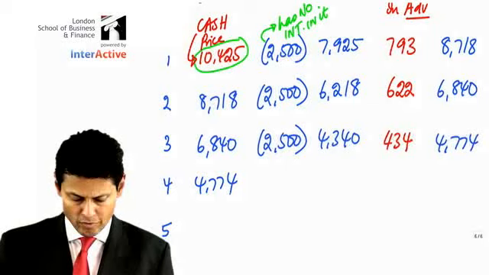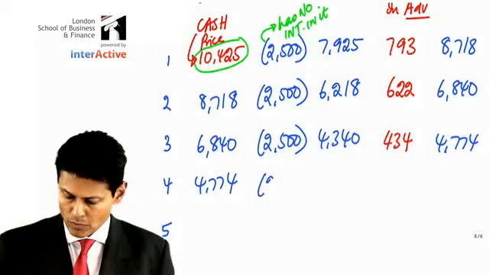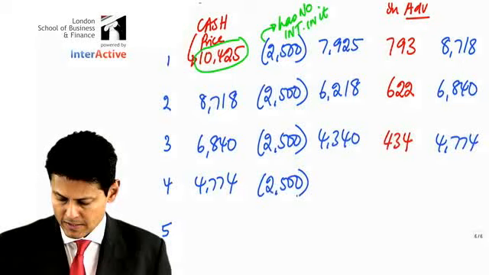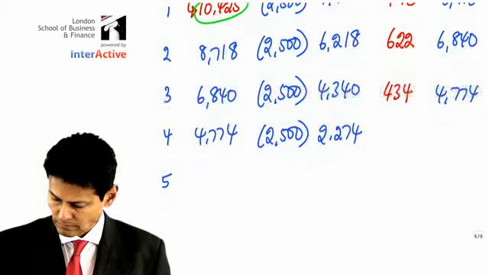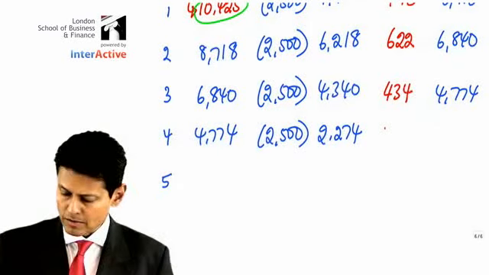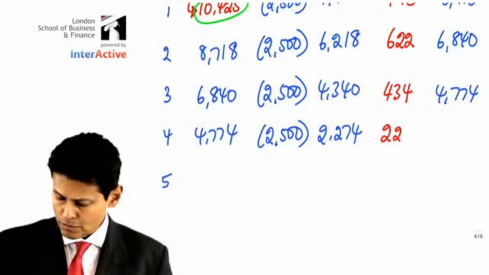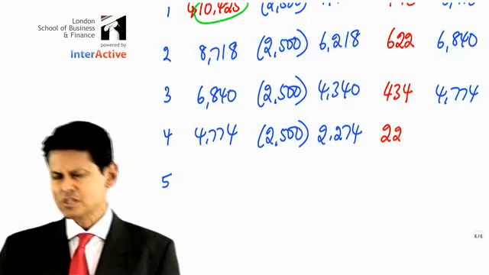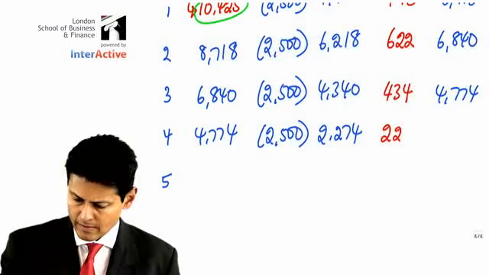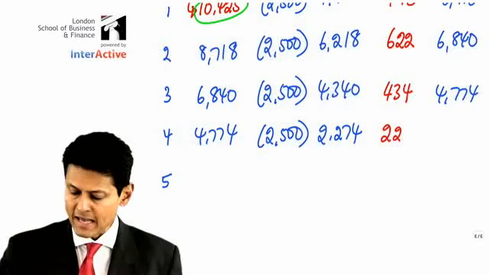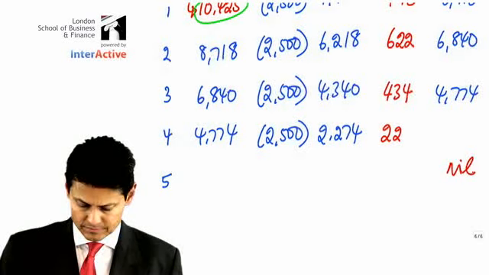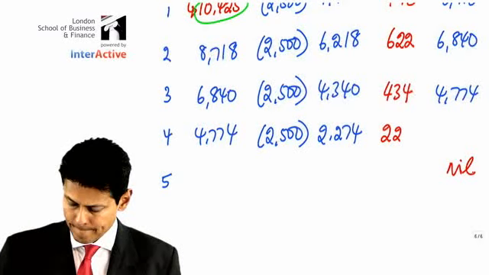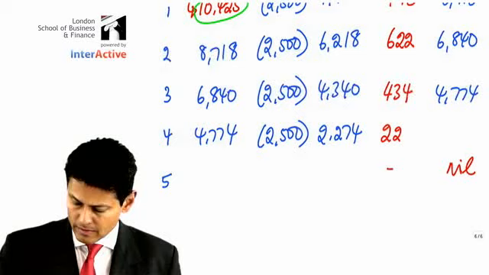4774. Take away 2,500. It comes to 2274. 10% thereon is 227. Let's check. If I may just run ahead, at the end of the next year, I expect to have nil there. No finance cost.